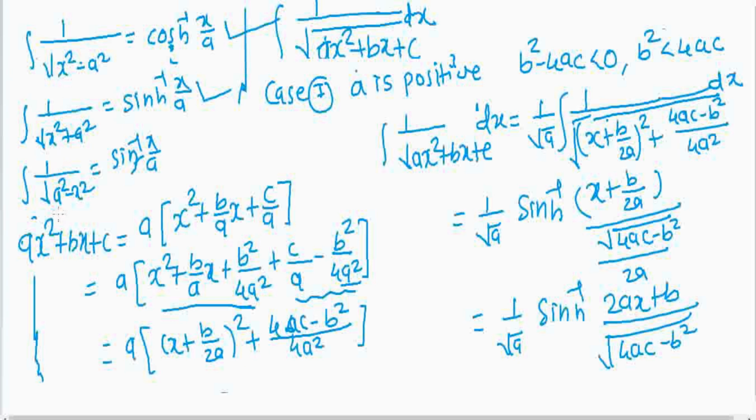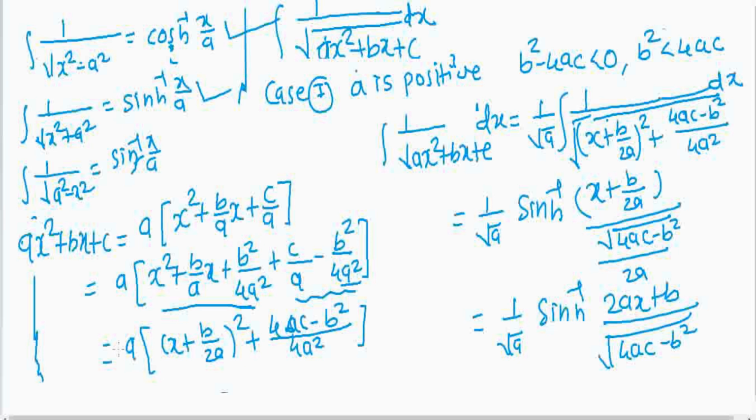Lastly, whenever a is negative, we convert this formula into this category. When a is negative, both these terms will be negative, and then we can write it by taking minus a common.